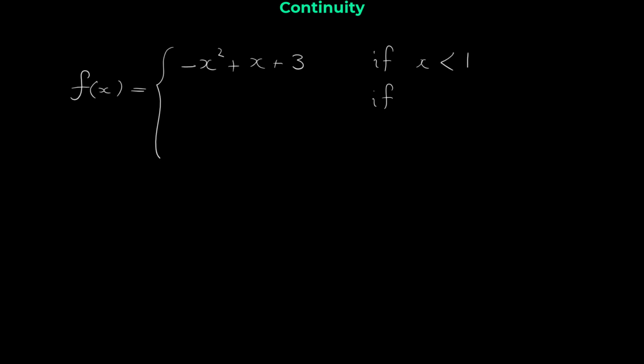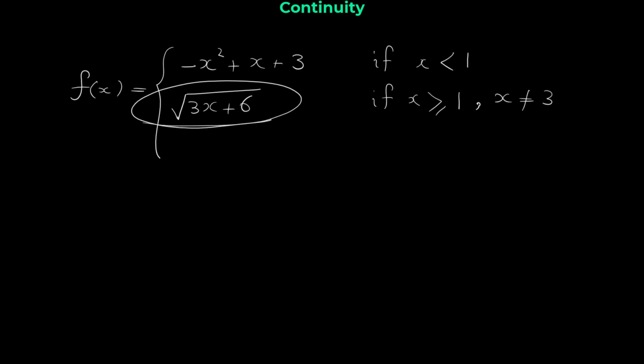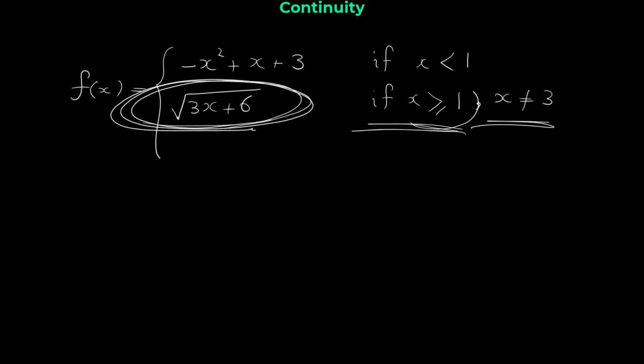If x is greater than or equal to 1 but not equal to 3, the function f of x is radical 3x plus 6. So you can use this equation for any value greater than or equal to 1 but not 3.